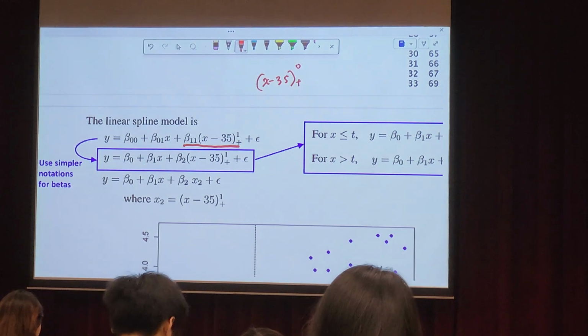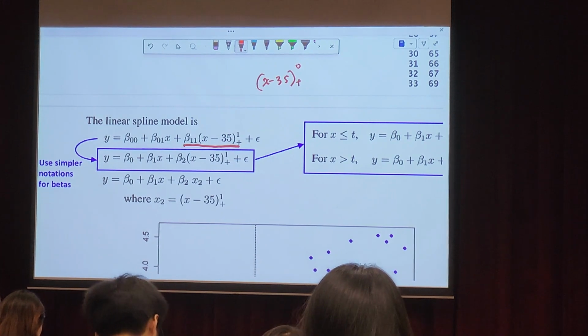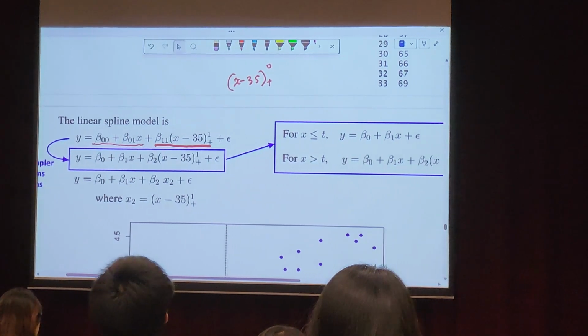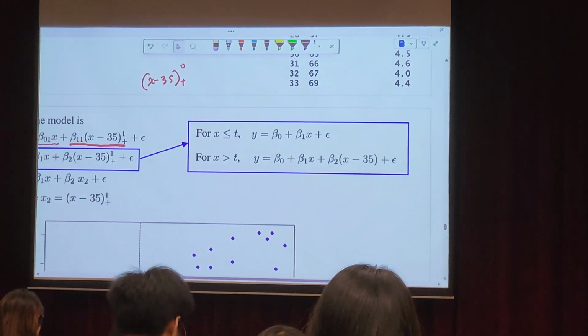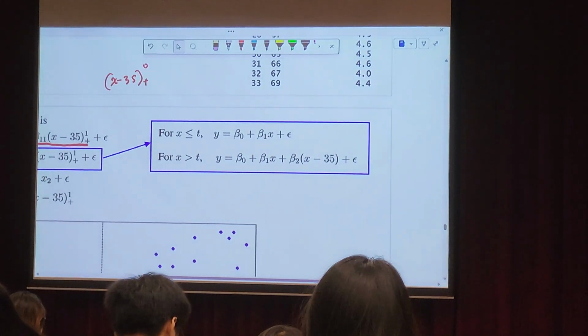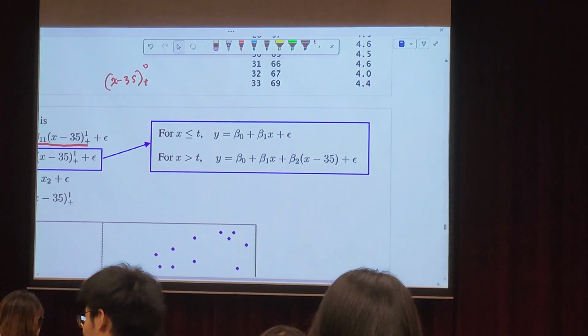If I don't, it will be continuous. So you will have the base model for x less than t, and for x greater than t, you have another term involving x.